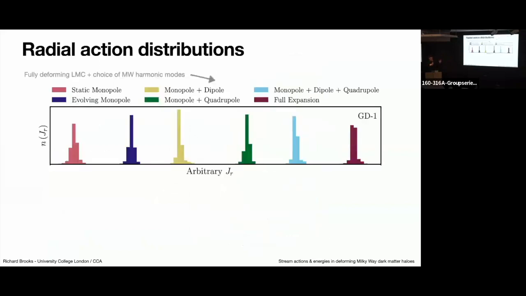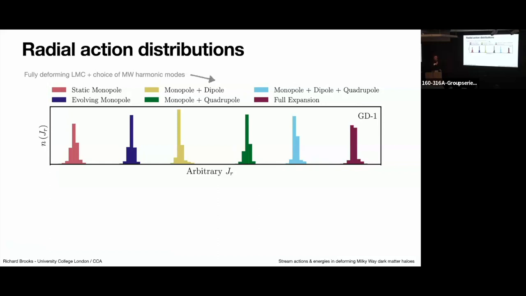What I'm showing you here are the radial action distributions for streams generated in a fully deforming LMC potential, plus a choice of Milky Way harmonics. The example here for the static monopole means that the Milky Way halo isn't changing, it's not responding to the LMC falling in, but there is always the live LMC there.